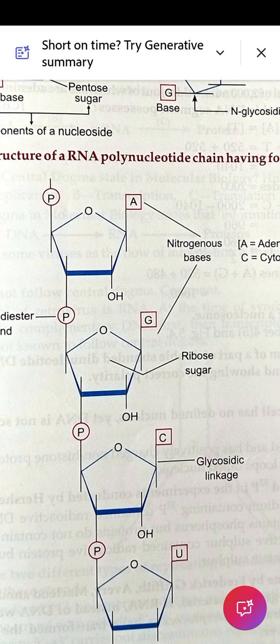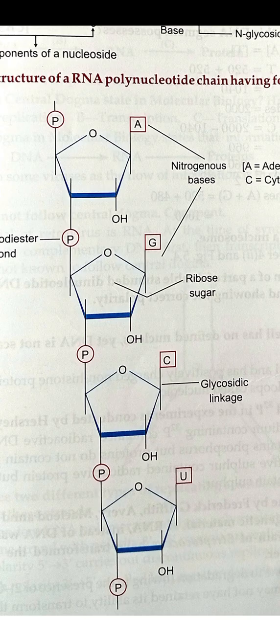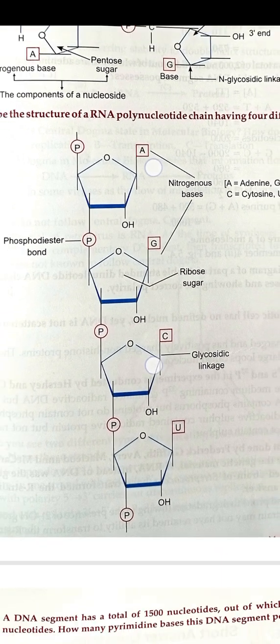The first nucleotide is linked with the other nucleotide by 3' to 5', from carbon number 3 to carbon number 5. So this pattern is repetitive: 3' to 5' and 5' to 3'. So very simple.